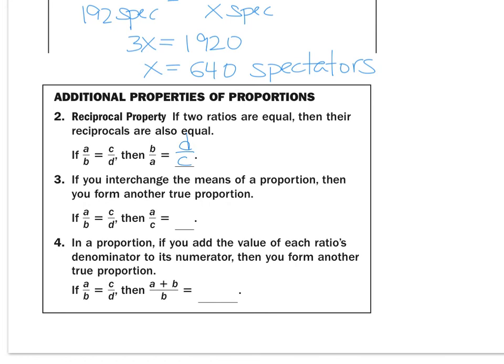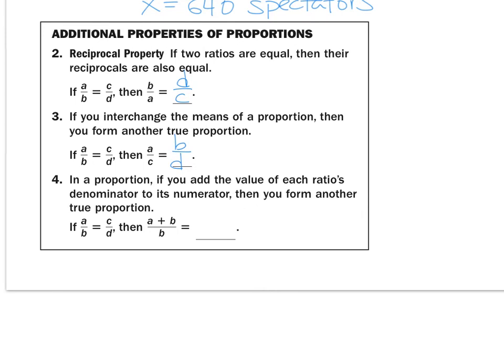So A over B equals C over D, you could put A over C equals B over D. And you can also do where you add a value to each ratio's denominator to its numerator. So where you take B and add it to the numerator, you have to do the same thing then in the second ratio. And that's it for the prerequisite.